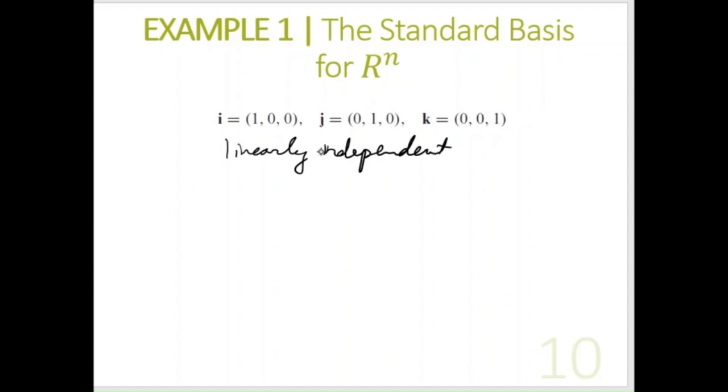We also know that they span Rn. In this particular example, this would be R3. Just realize that these do refer to the normal way of thinking about things. So they are going to form the standard basis for Rn. So that's something to note in problems.